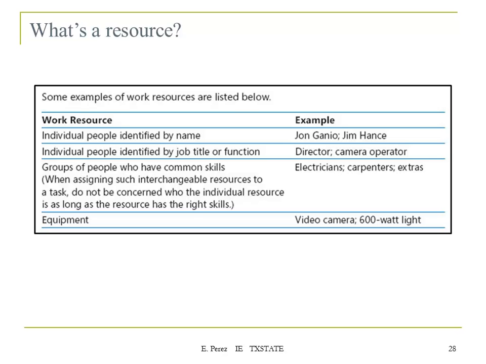For such cases, you can use the group of people option, and you're going to define that resource as the maintenance group. If you put 100% availability, that means that you have one resource available all day. But if you have multiple resources for the same group, then you can increase that to 200, meaning that you have 2 resources available, and so on. We will see that in the example that I'm going to show in class.